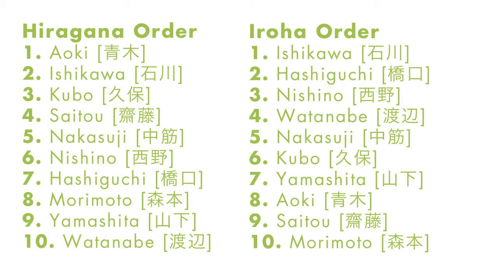The only one that's in the same place is Nakasuji. It's still in 5th place. That's it. It's very, very different. But I think it's really interesting, to be quite honest, because to figure this out I had to go into a lot of history, and had a lot of really interesting conversations. So basically the answer is Japan does have their own completely different order.